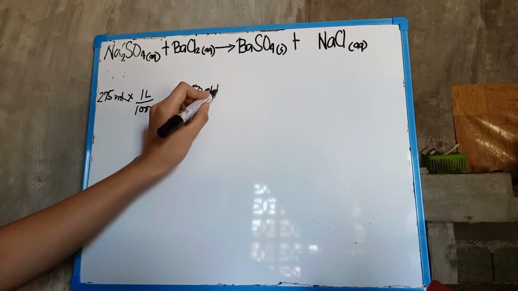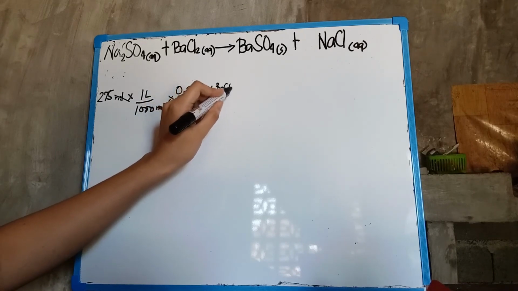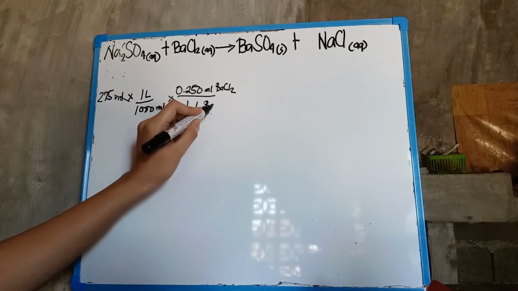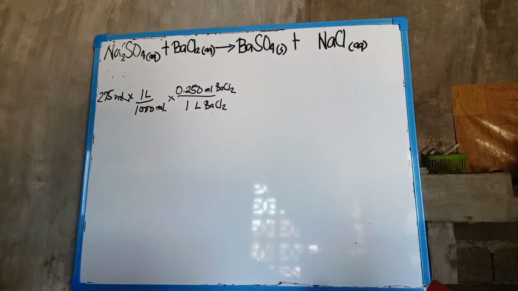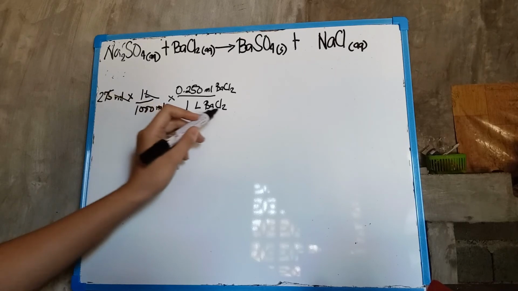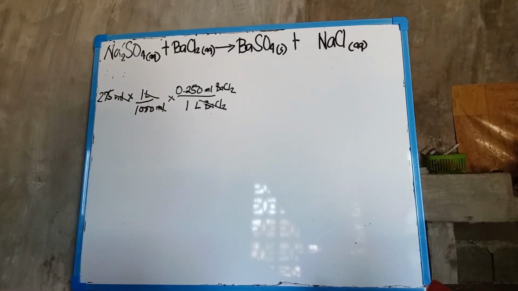Don't forget the compound barium chloride. So cancel out. After that, we are going to use the mole to mole relationship to obtain the moles of sodium sulfate.